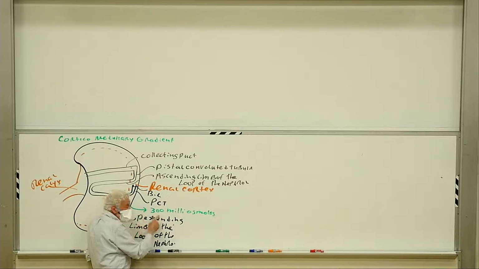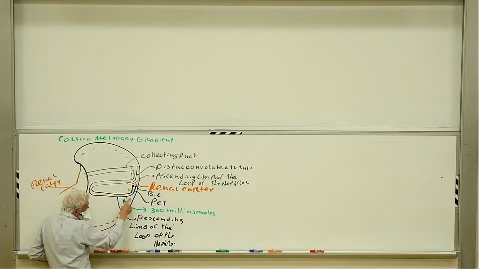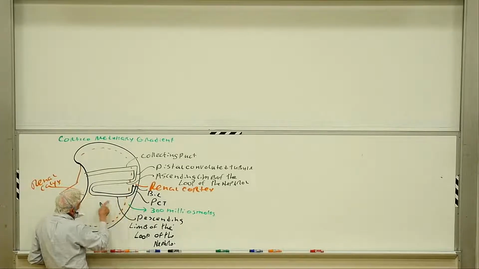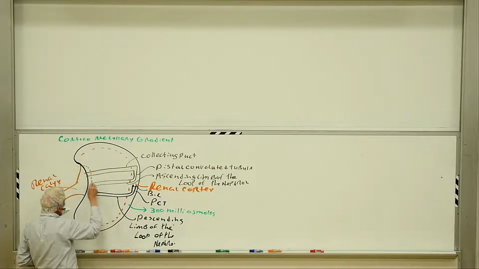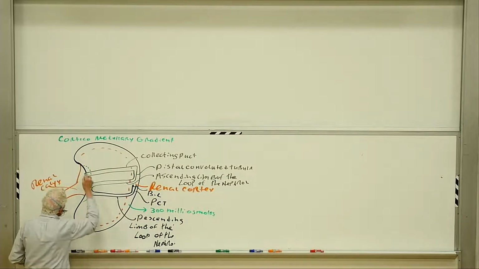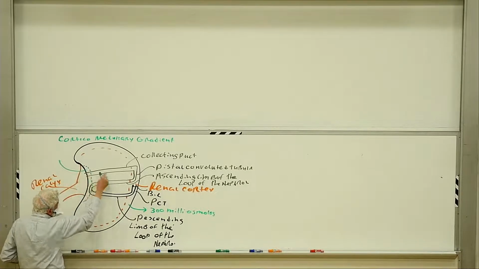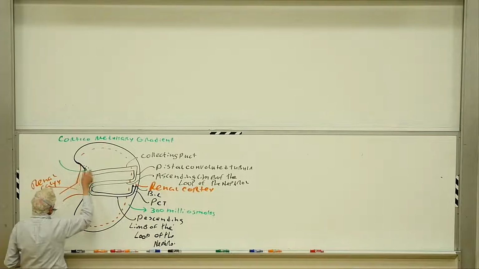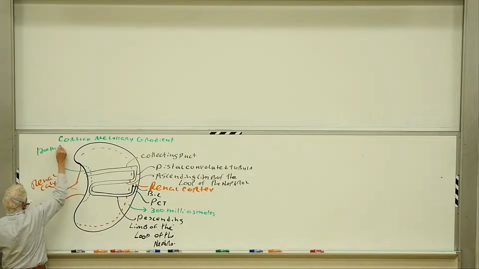That's all of the ions. But as we walk from this cortical region and get deeper and deeper into the medulla, the concentrations can increase. And under extreme circumstances, the concentration down here in the medulla, right above the point where the collecting duct empties into the renal calyx, can be in the neighborhood of 1,200 milliosmoles.